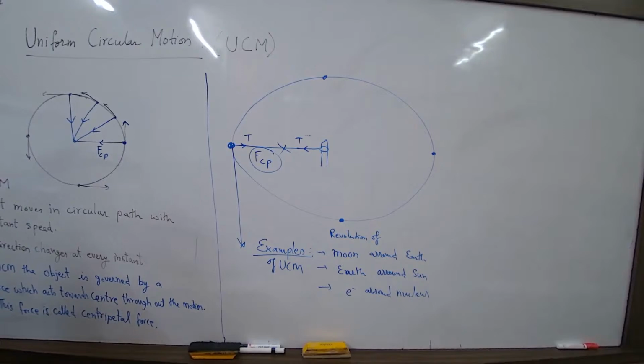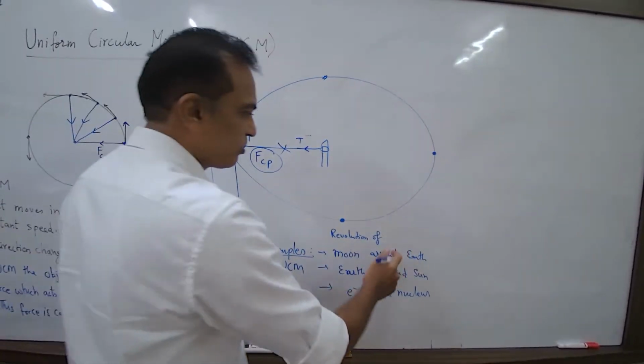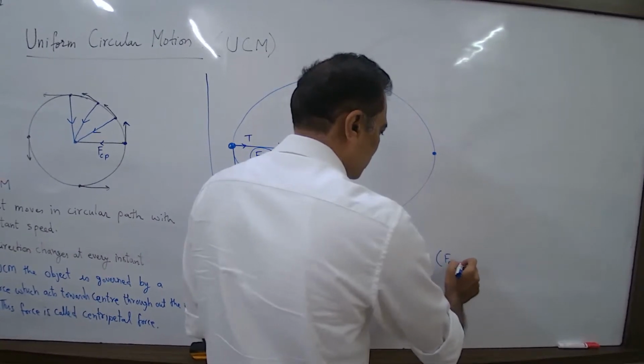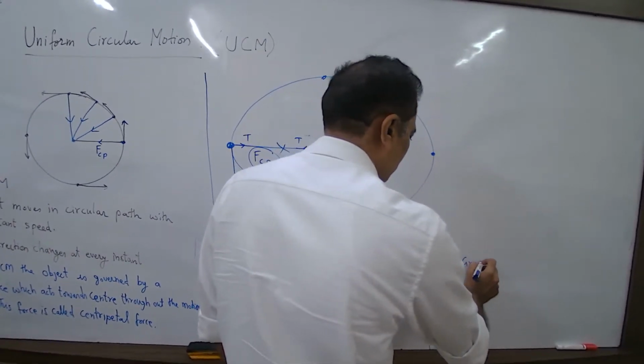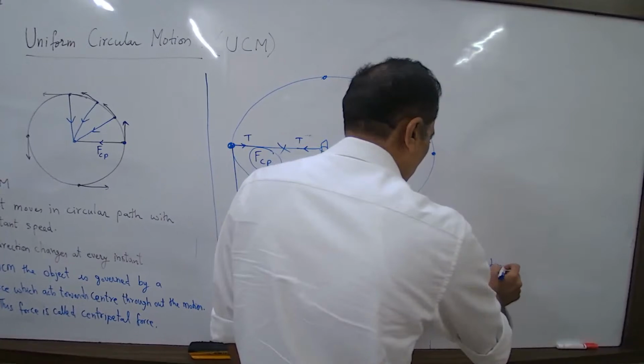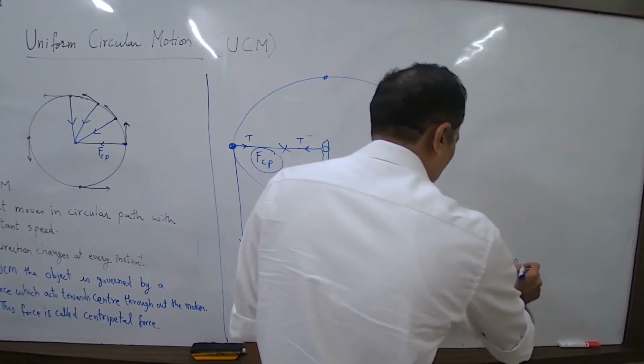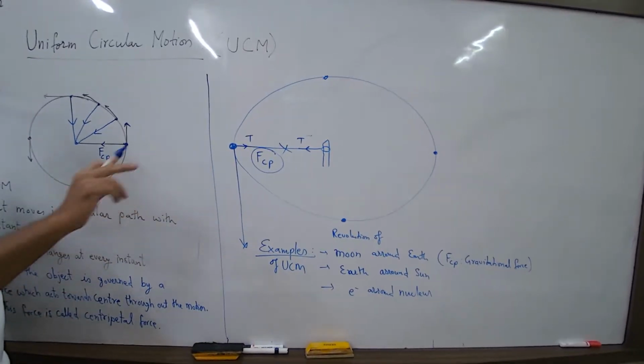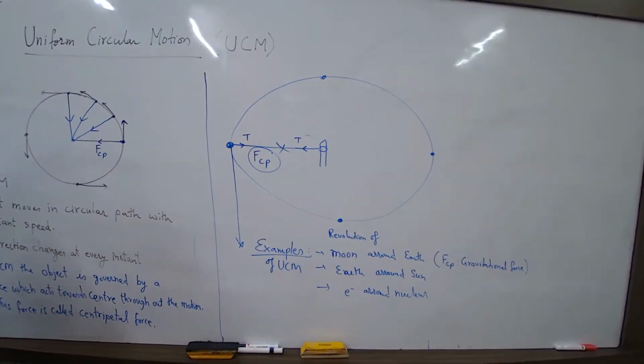Gravitational force. It is the gravitational force which is providing the centripetal force. So it is not always a contact force. It could be a force at a distance.